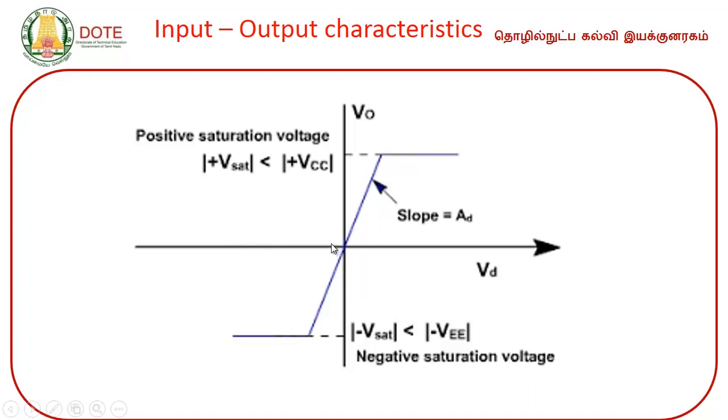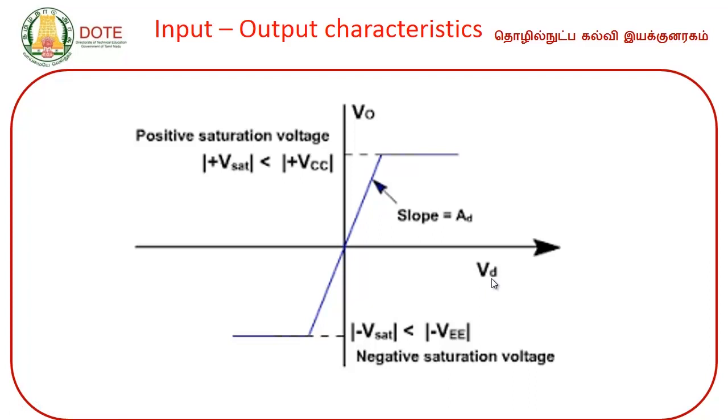What we understand from this is simple: at the output of the op-amp, V0 refers to the output voltage, and Vd refers to the differential input voltage. What is differential input voltage?